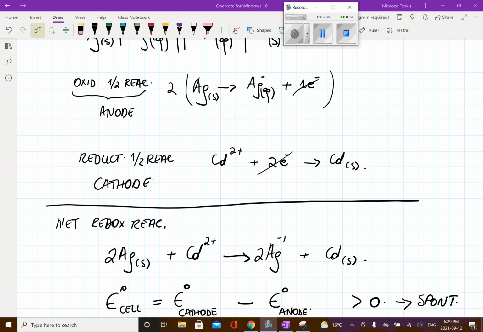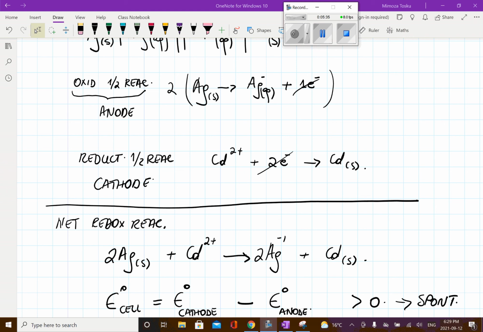Okay, so just keep in mind those things when you are identifying which one is anode, which one is cathode. An ox is anode, where the oxidation is happening, and red cat, where reduction is happening at the cathode.